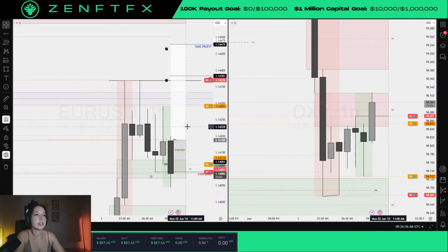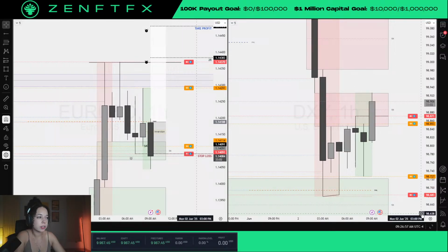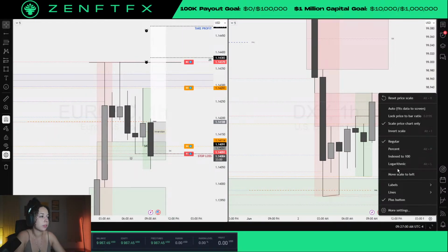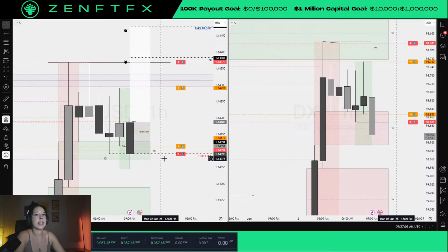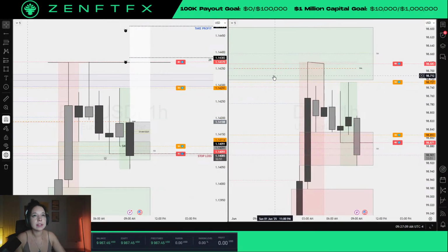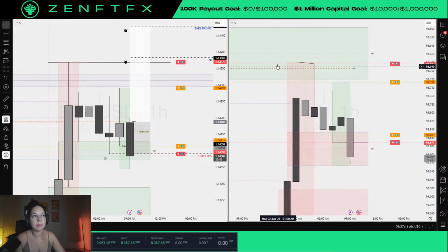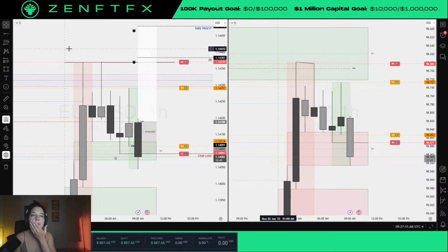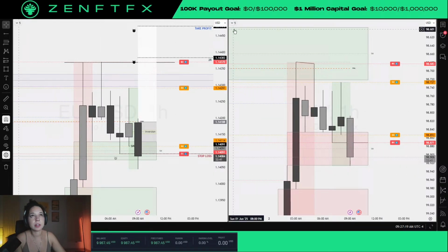You can see this is the regular DXY chart, but as soon as I invert it, it's basically identical to Euro USD. So I look for minor differences in the charts, and it's easier for me to identify when the DXY chart is inverted.